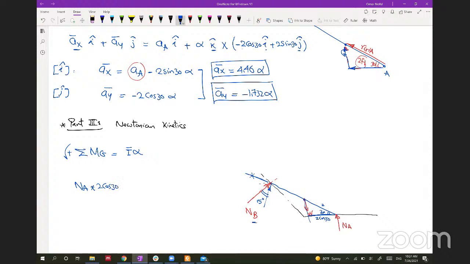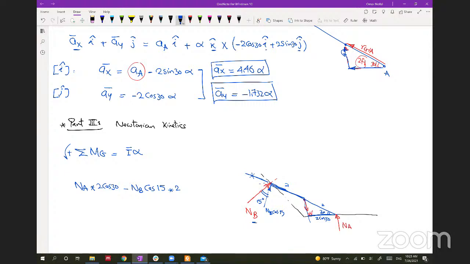Let's get to the NB component. So NB cosine 15. It makes a negative moment, so it will be negative NB cosine 15. And this is the force. Let's multiply by the arm, and the arm is 2 because this is perpendicular to the body.